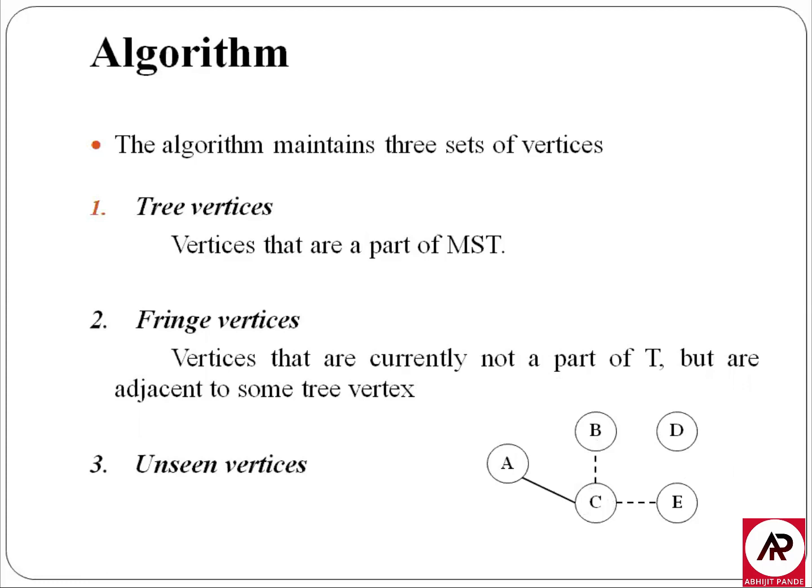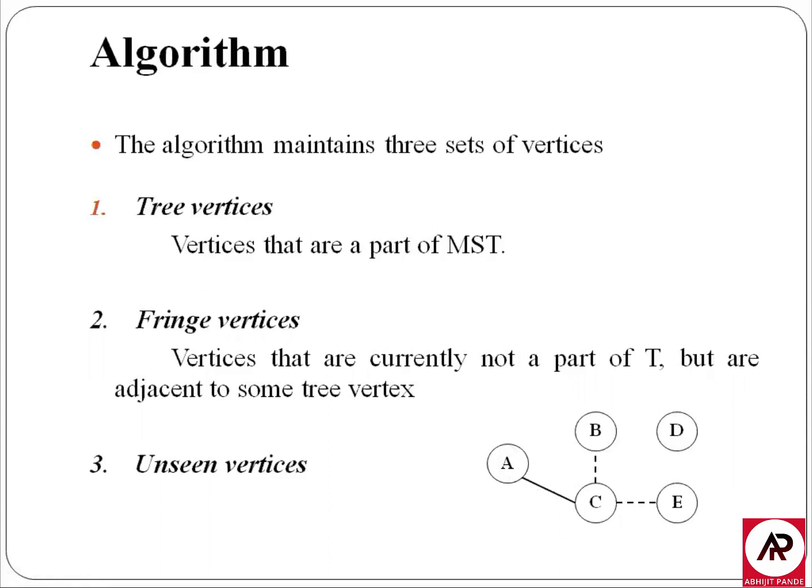Here node A and node C are part of the MST. That's why node A and node C are called tree vertices.